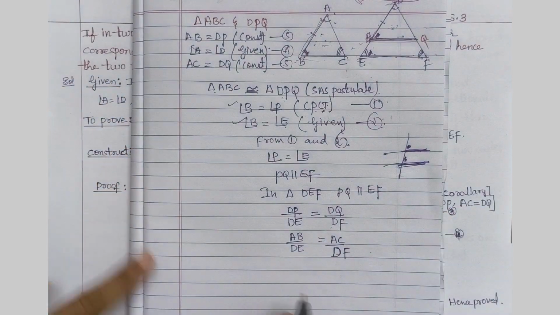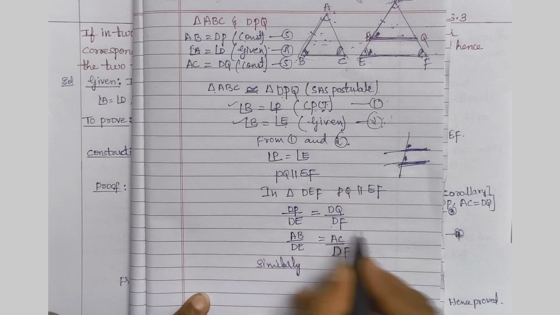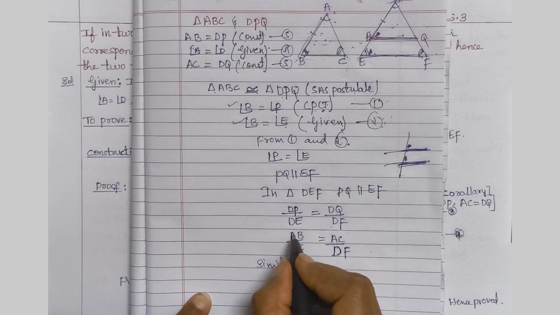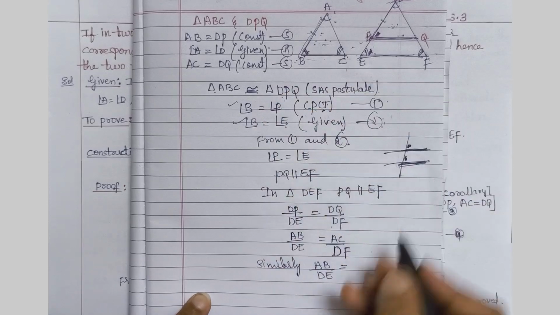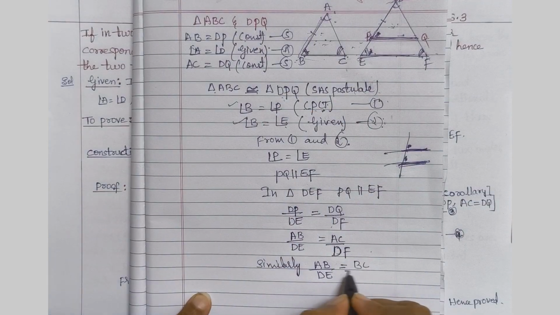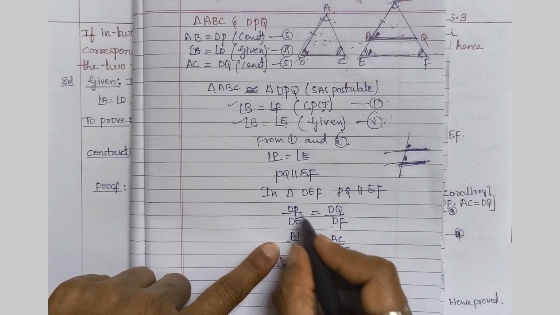So here you can write similarly: AB by DE equals BC by EF.